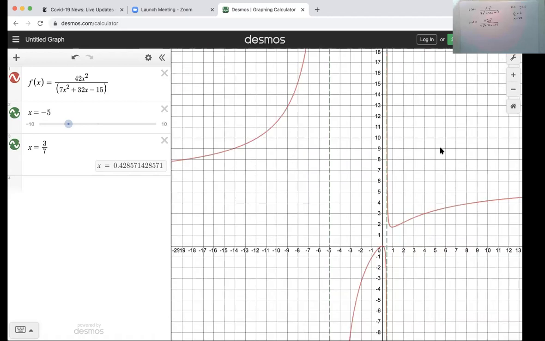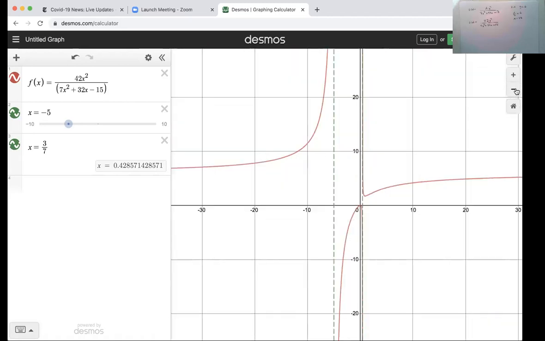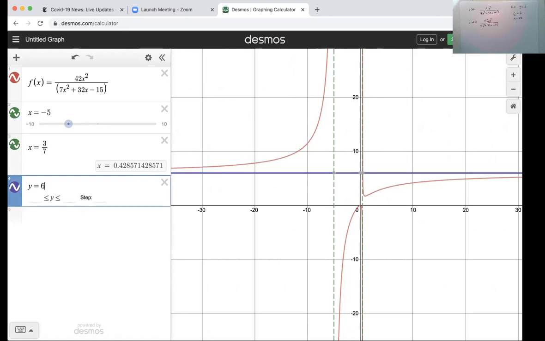Let's go ahead and extend this. Aha. So now if I go ahead and I graph y equals 6, do you see how that can behave as a horizontal asymptote?